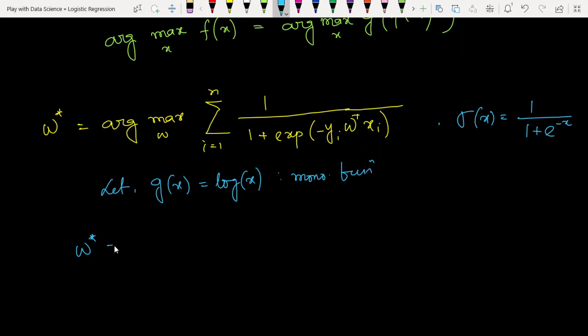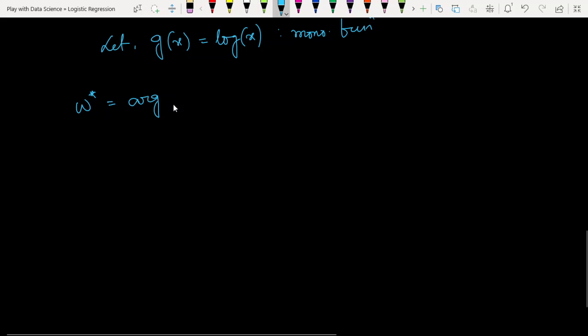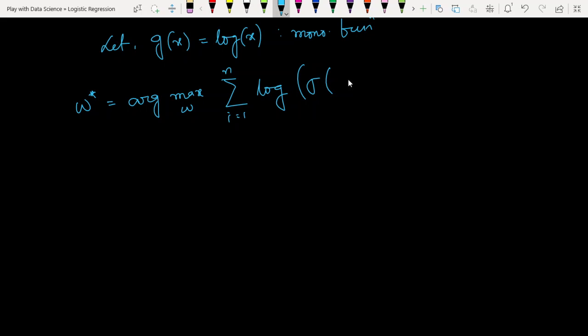W star is equal to arg max over w of the summation i equals 1 to n of log of, that is g of, this function, what is our argument here, sigma of y i w transpose x i.